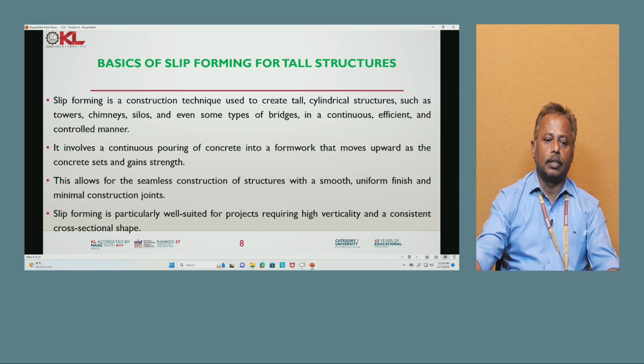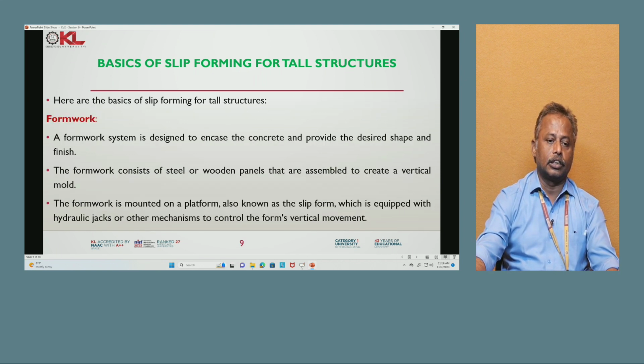This allows seamless construction of structures with a smooth and uniform finish and minimal construction joints. Slip forming is particularly well suited for projects that require high verticality and consistent cross-sectional shape.